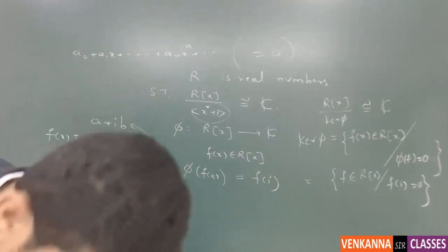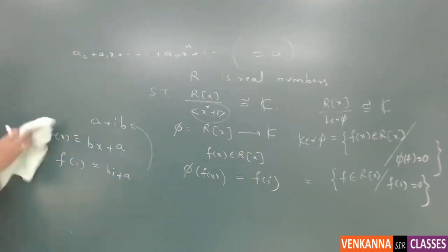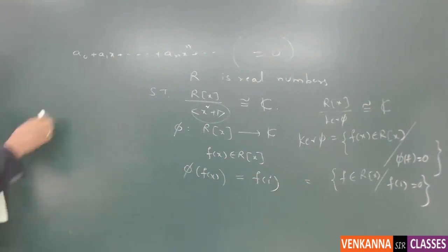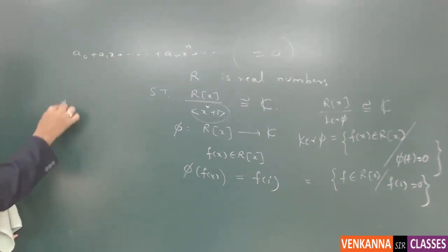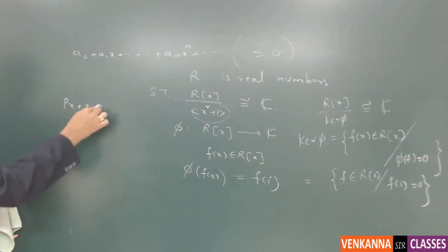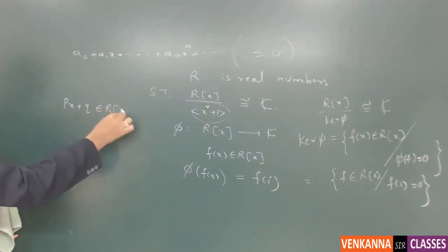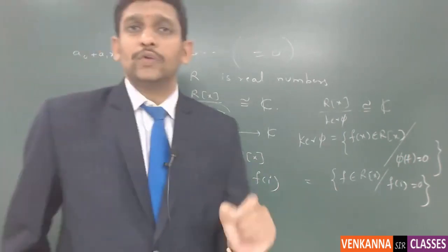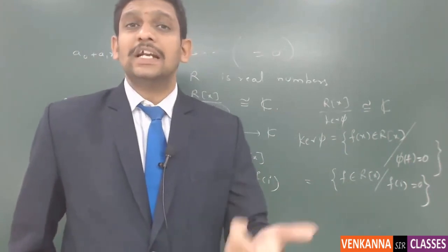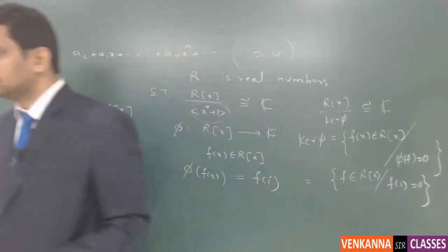Now, let us consider a first degree polynomial. Say px plus q belongs to R of x, whose degree is 1. Now tell me, how do we confirm that this is the degree of the polynomial?